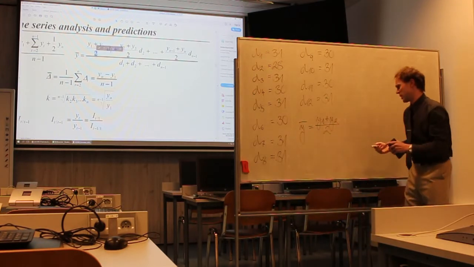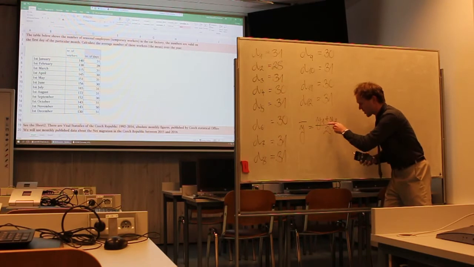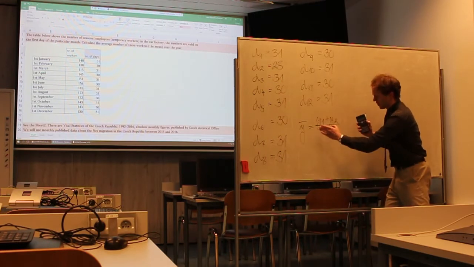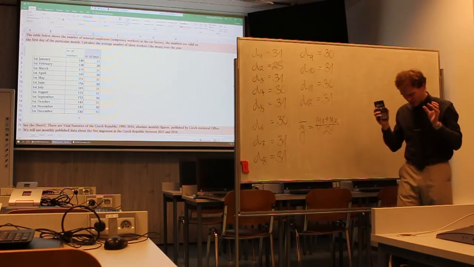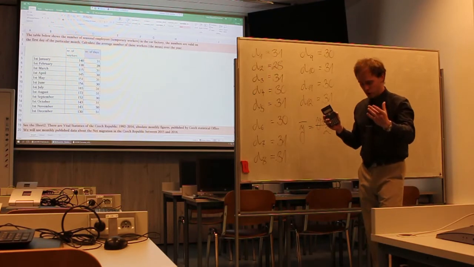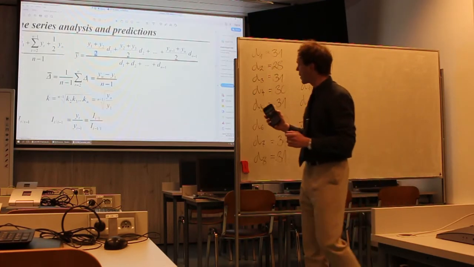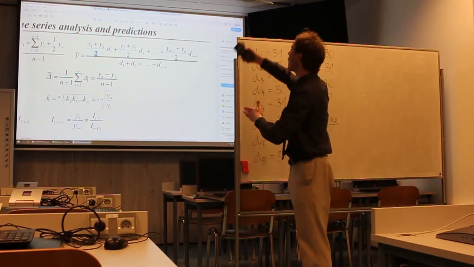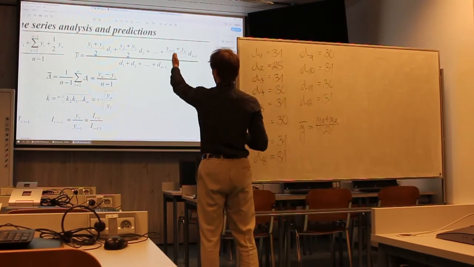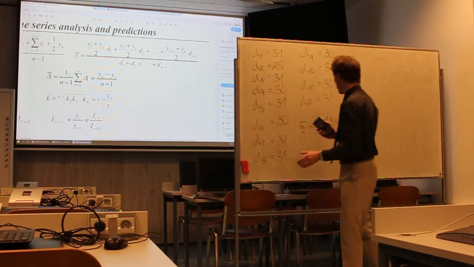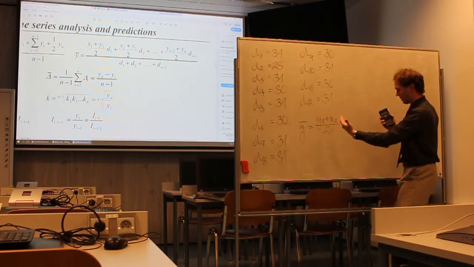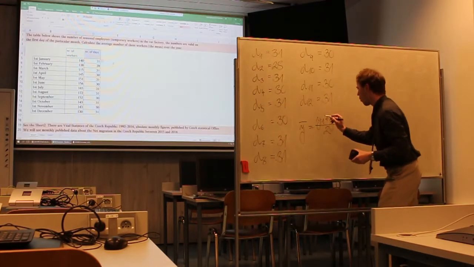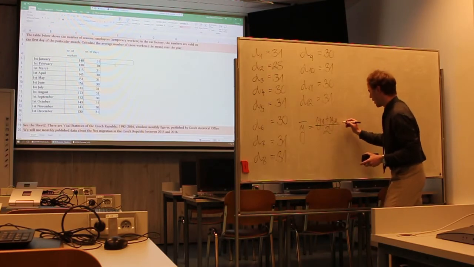You can imagine that this simple summation divided by 2 is a moving average with length 2, weighted by D1. So it is Y1 plus Y2 divided by 2 times D1.